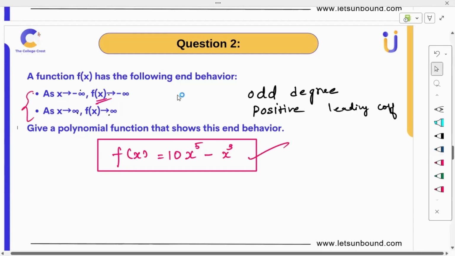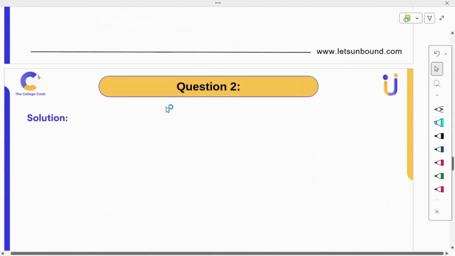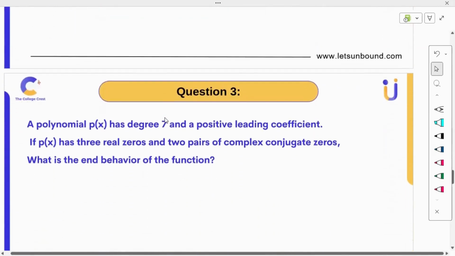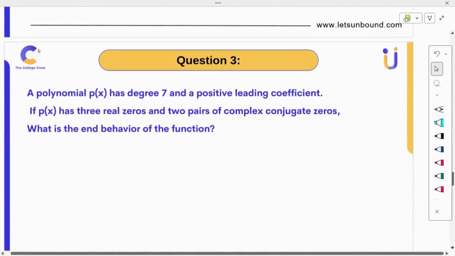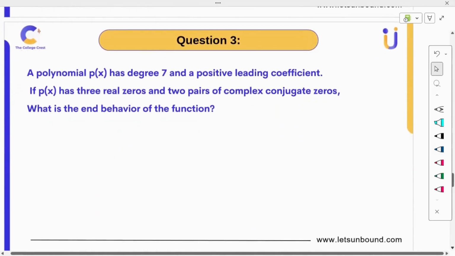Right? Now, last question, very simple. A polynomial p of x has degree 7 and a positive leading coefficient. So odd and positive. If p of x has 3 real zeros and 2 pairs of complex conjugate zeros, for example 3 real zeros a, b, c, and complex conjugates alpha and alpha bar, beta and beta bar.